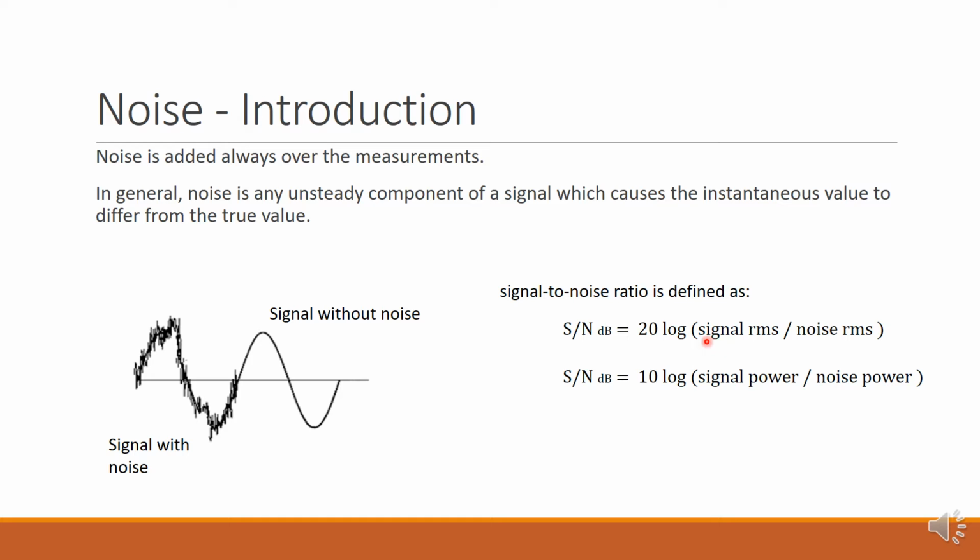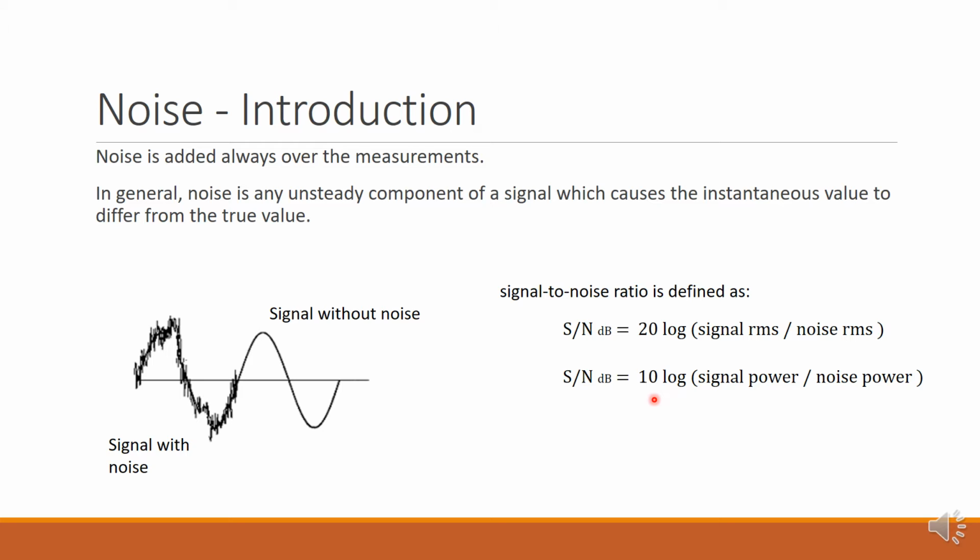When you are referring to the voltage RMS, then you need to use 20. Both the desired signal and the noise appear at the same point in the system and are measured across the same impedance. This is how we verify the signal to noise ratio, SNR.